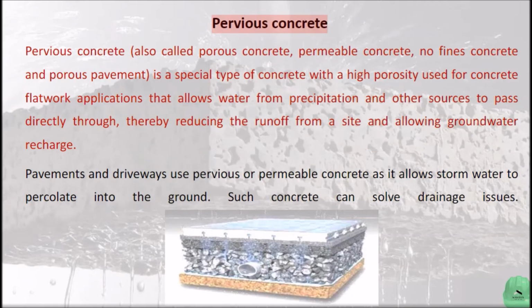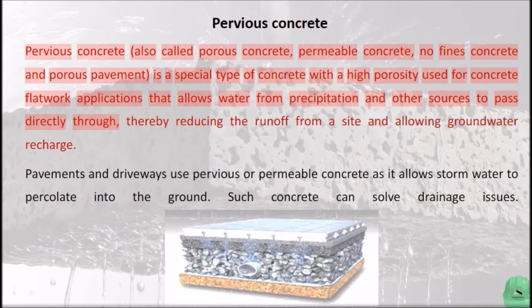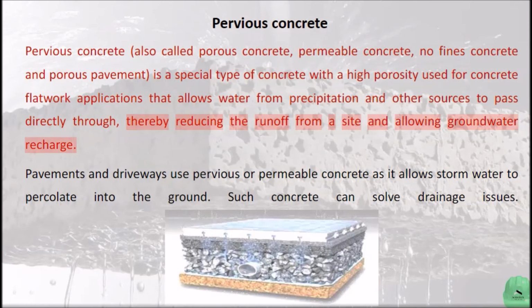Pervious concrete. Pervious concrete, also called porous concrete, permeable concrete, no fines concrete and porous pavement, is a special type of concrete with a high porosity used for concrete flatwork applications that allows water from precipitation and other sources to pass directly through, thereby reducing the runoff from a site and allowing groundwater recharge.